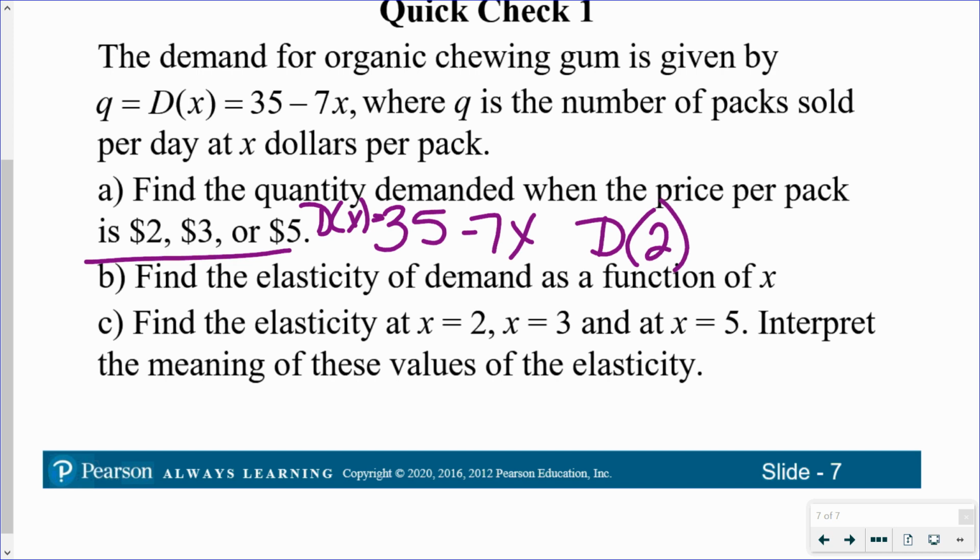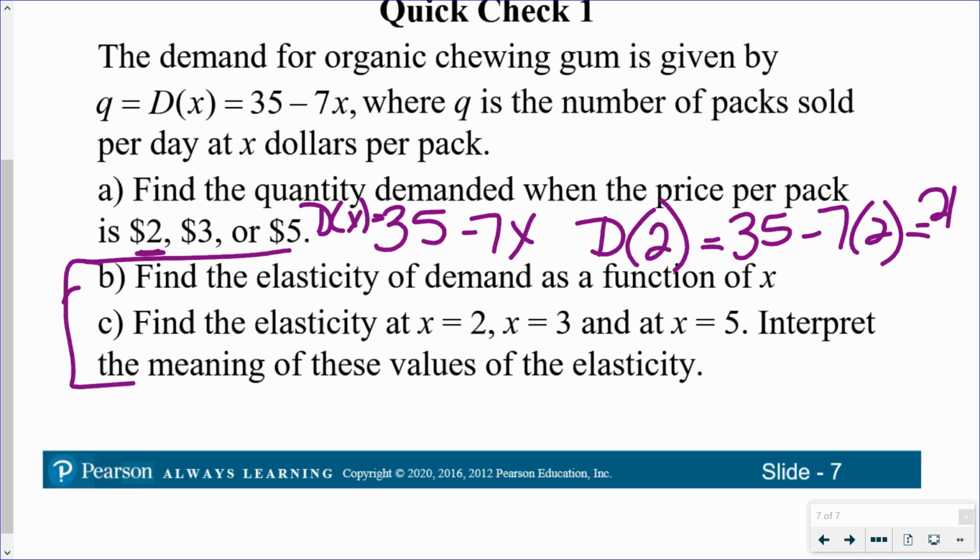So this one would be D of 2 for the $2 is 35 minus 7 times 2. So 35 minus 14. So at the price of $2, there's 21 packs sold a day. Okay, the rest of this is the same as the last example.